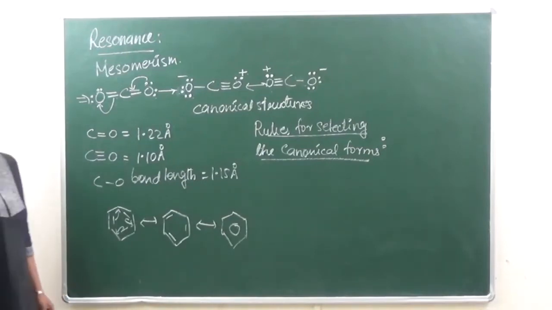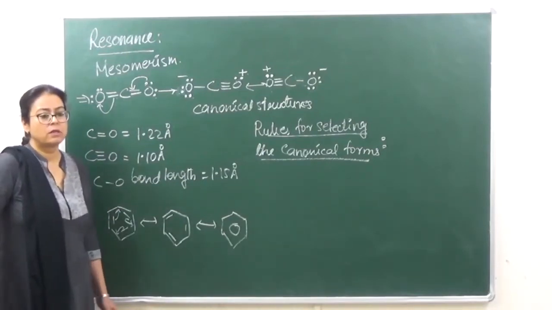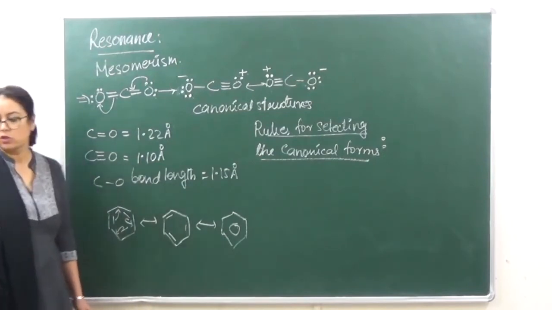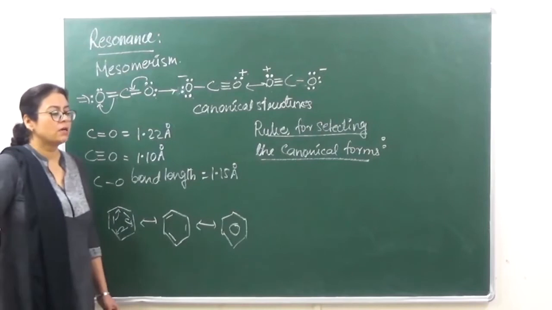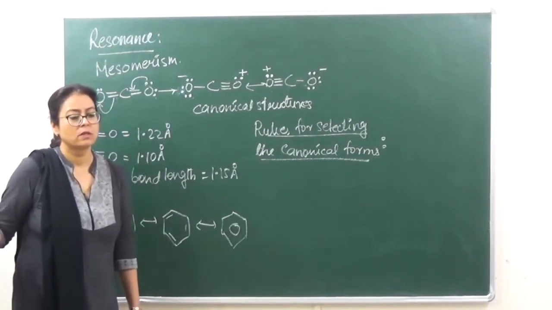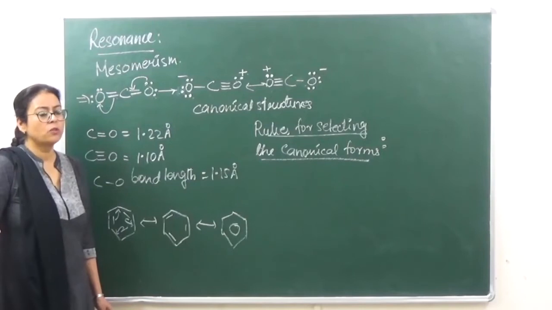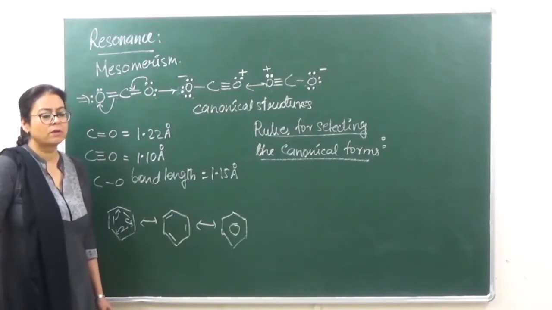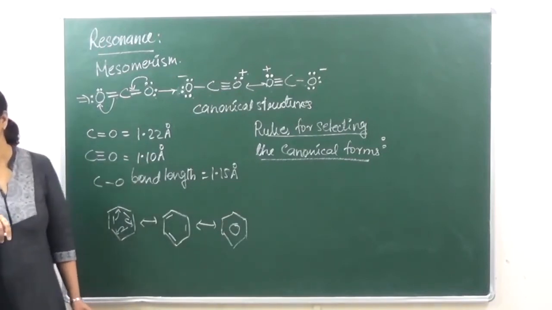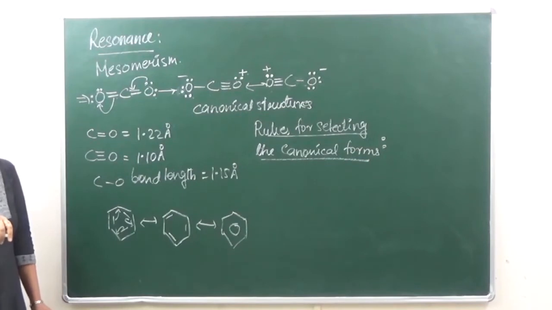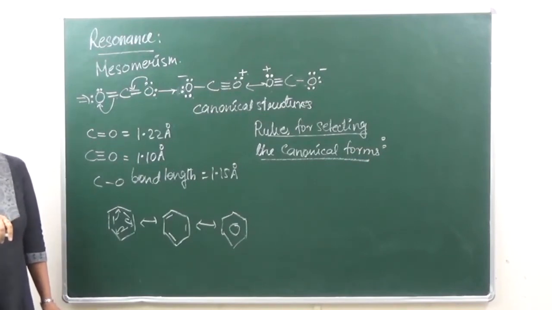Number 3 लिखो. The contributing structures should be such that the negative charge resides on the more electronegative atom and positive charge on the more electropositive atom.